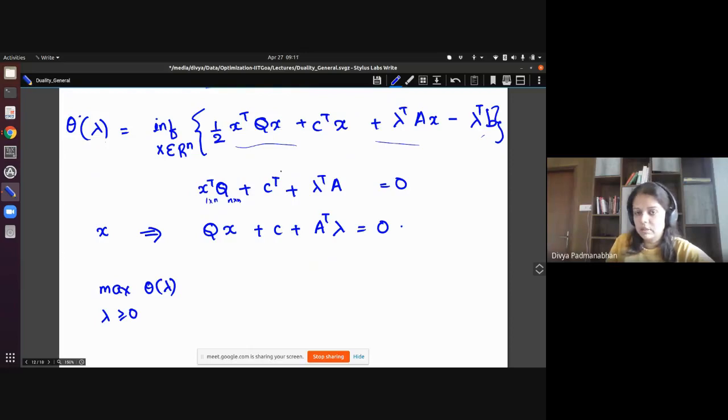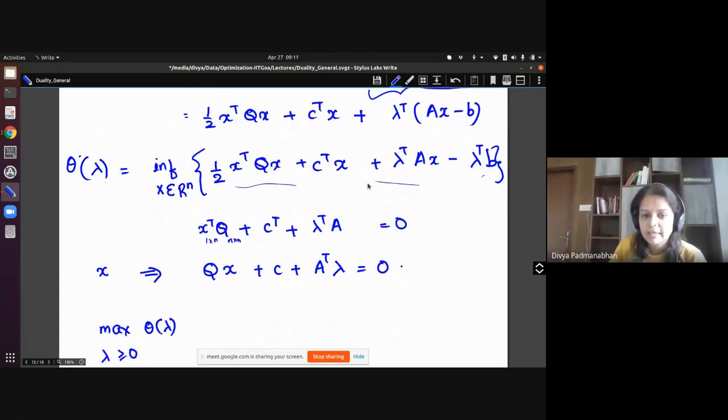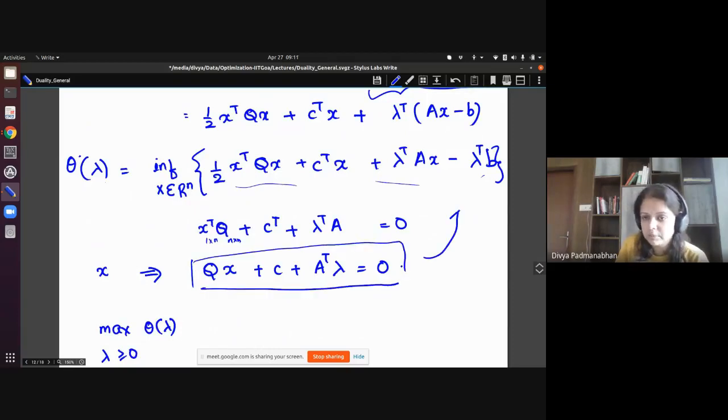So the minimum is only with respect to X. In terms of this function, lambda is fixed, lambda is given. Okay, so now this is the X that we have got, which is optimal for this problem.